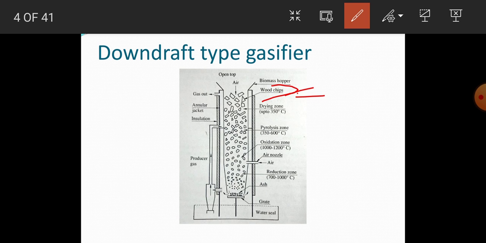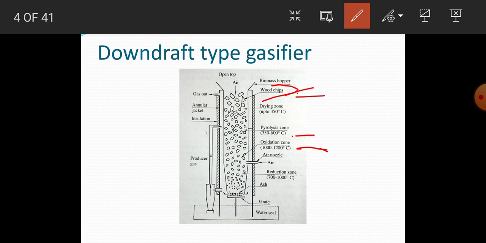This pyrolyzed gas burns with air to form CO, CO2, H2, and H2O, thereby raising the temperature to 1000 to 1200 degrees Celsius.